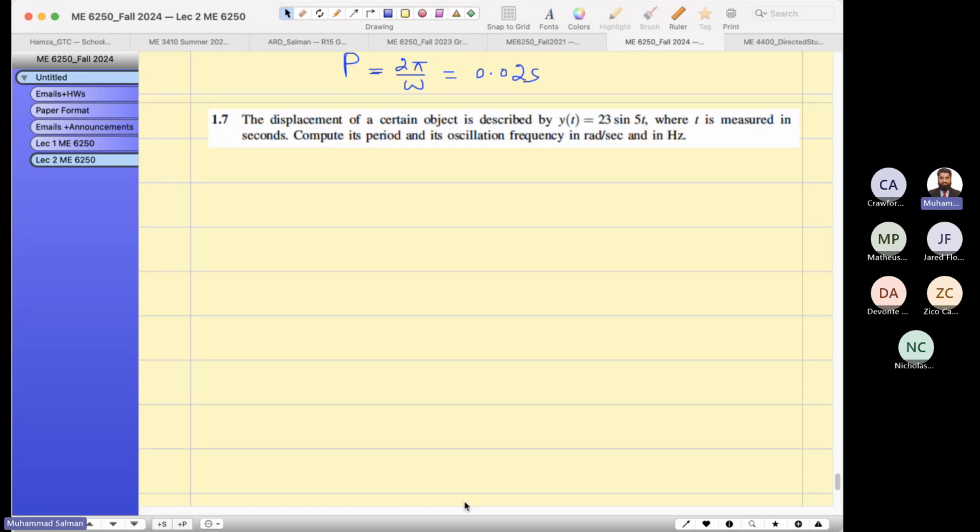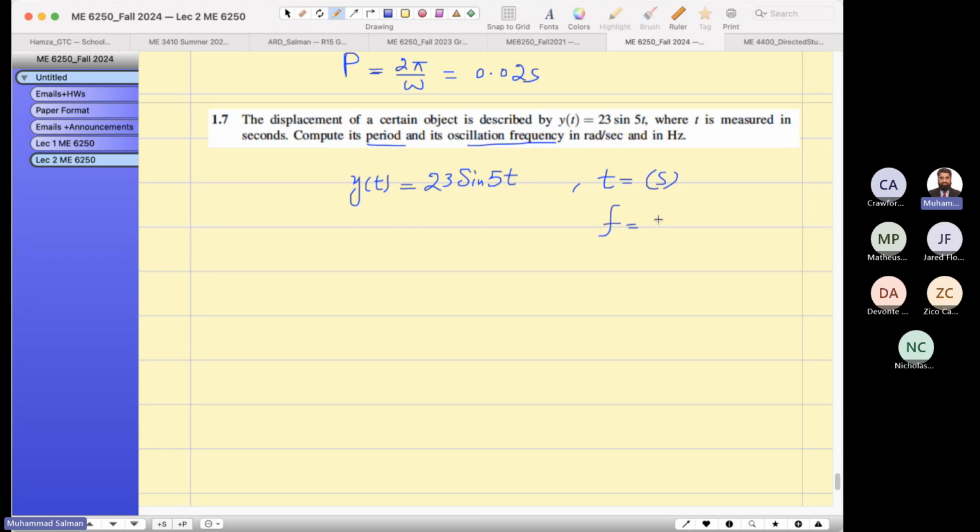So the question is, the displacement of a certain object is given by this expression, where t is in seconds, and compute the time period and its oscillation frequency.